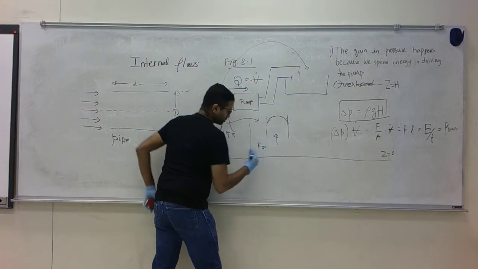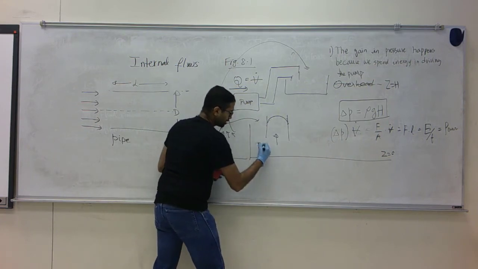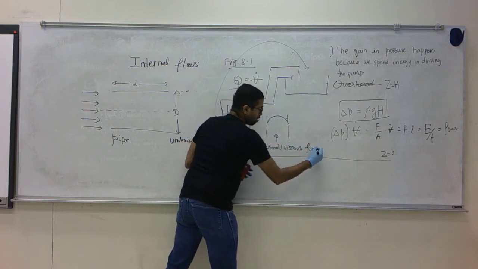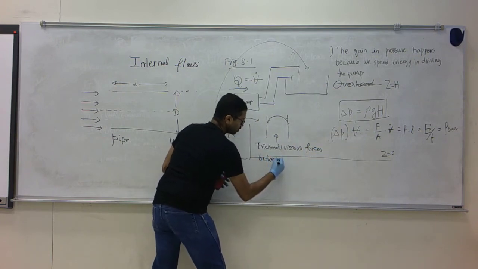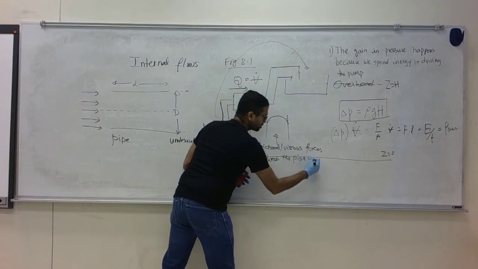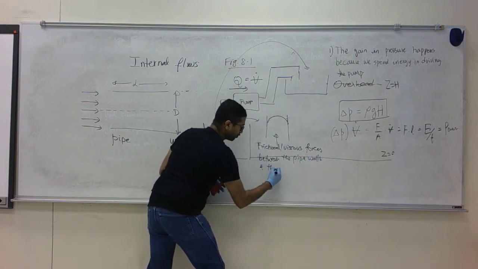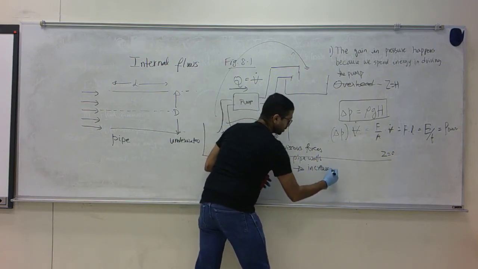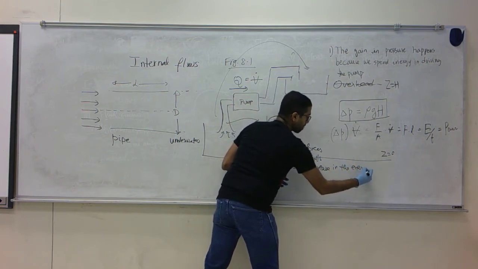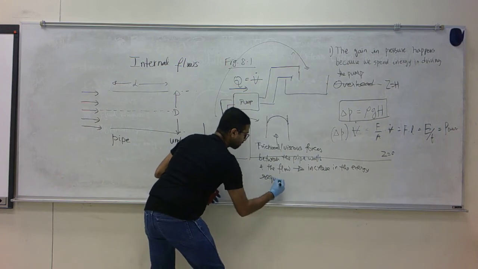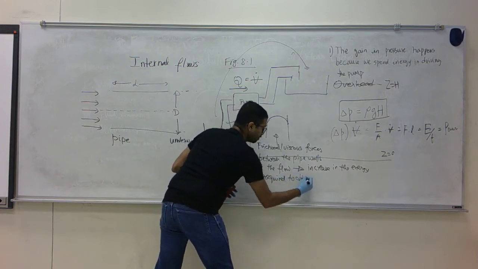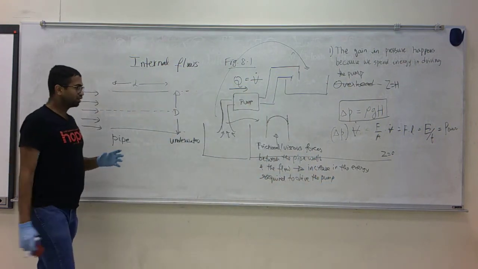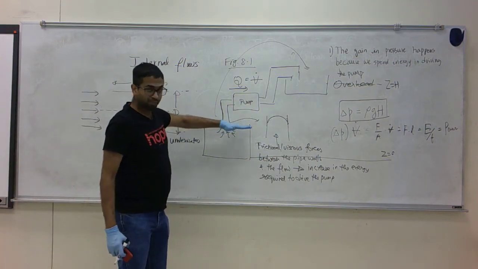I'll write: frictional or viscous forces between the pipe walls and the flow lead to an increase in the energy required to drive the flow, while you are transporting the water from a lower level to a higher level.